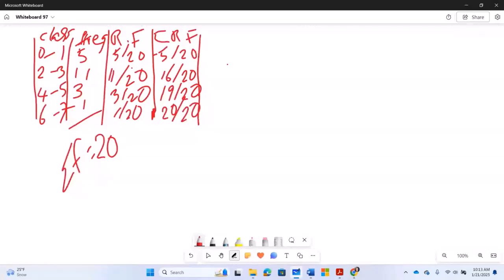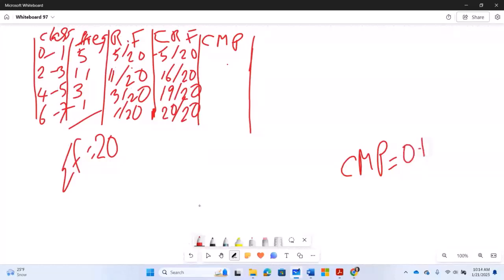Let me include another column, and I can call this column the class midpoint. So the class midpoint is lower limit plus upper limit divided by 2.